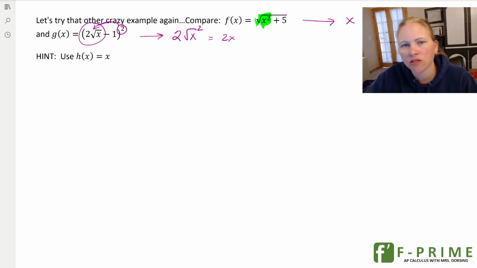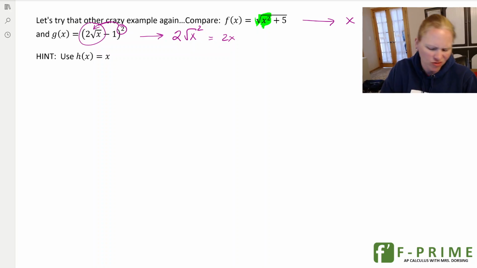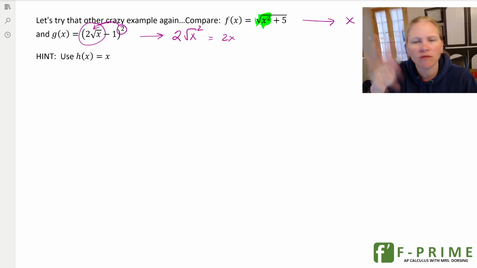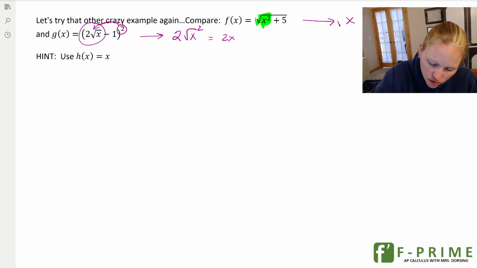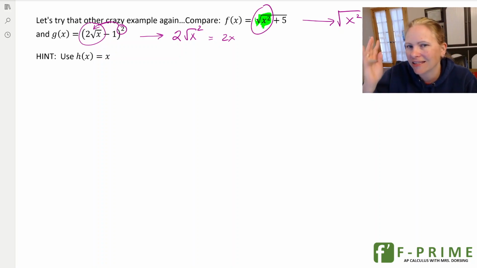So what I really want to do here is get to the root of what the leading term is, because the leading term really drives the function. All the other things, that plus 5, when we're talking about infinities, that's nothing, right? So you have the square root of x squared. The end behavior model is just that leading term. And I want to compare to the end behavior model.